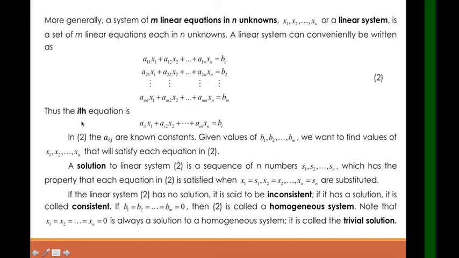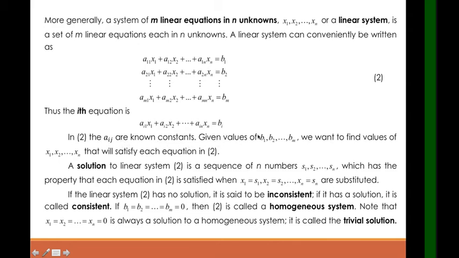Okay? So, thus the ith equation is a sub i1 x sub 1 plus a sub i2 x sub 2 plus ellipses plus a sub in x sub n equals b sub i. In number 2 equation, the a sub ij are known constants, tawag sila constant.